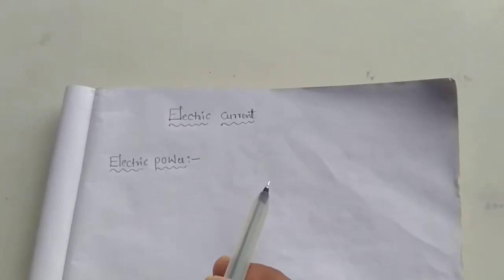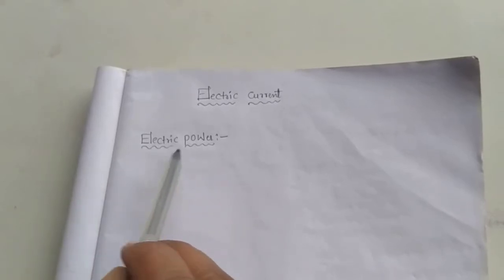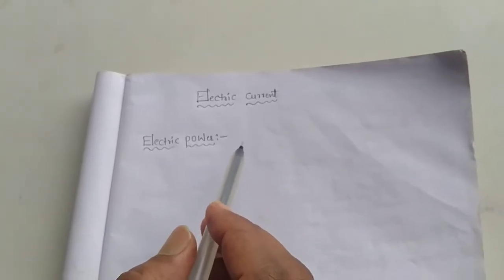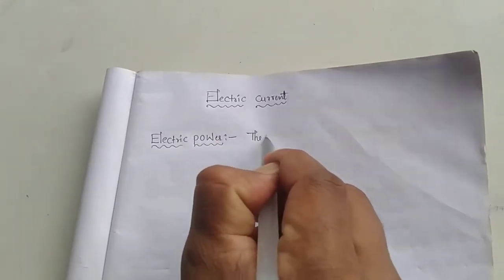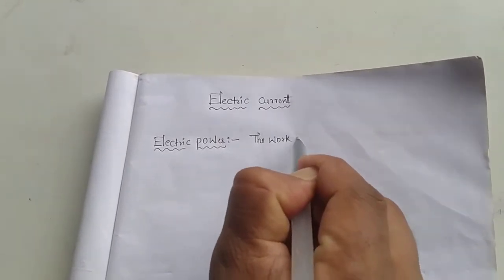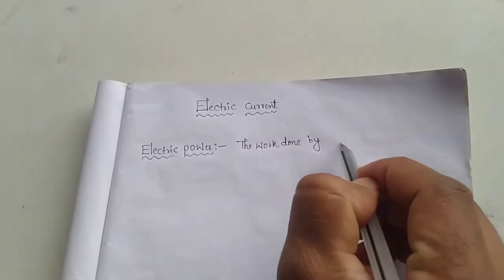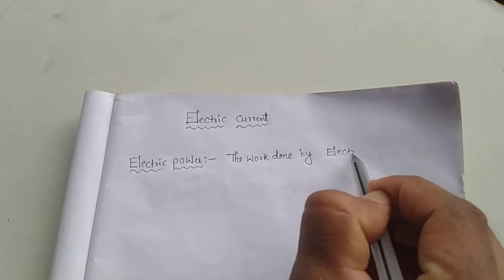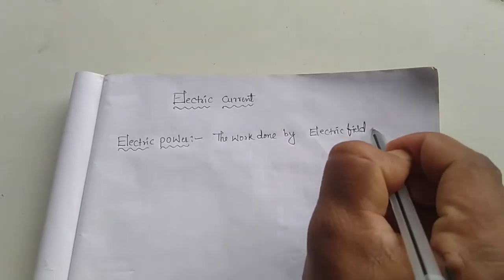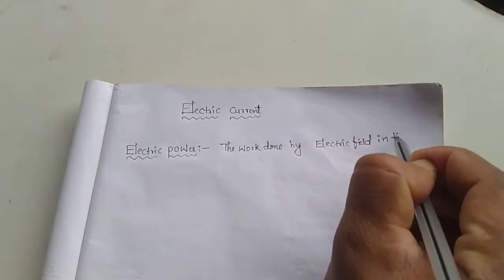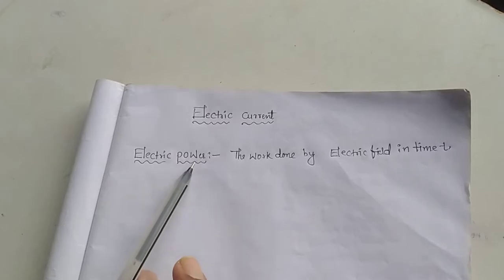Hi dear students, now we are going to explain electric current, electric power. The topic is electric power. As you know, the definition of electric power: the work done by the electric field in time t is called electric power.